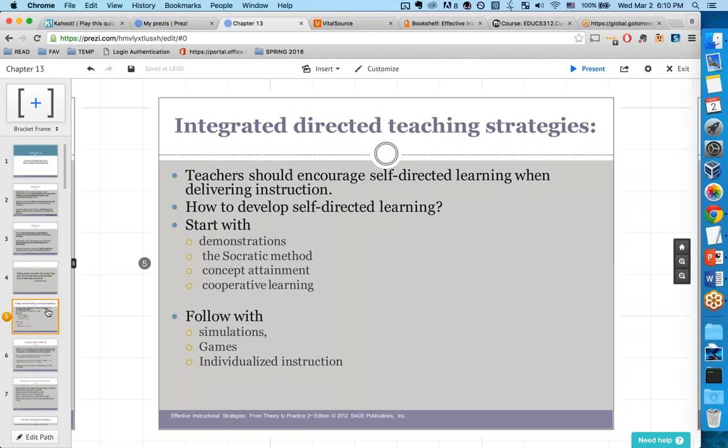So these tools are kind of like in between, and they're great to start with. Later down the road, you may use simulations, games, and individualized instruction, which would be more self-directed than even these tools. So if you go down in this list, you're going to see more self-directed teaching methods.